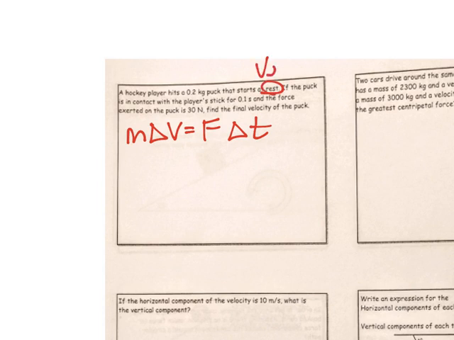Alright, this one, mostly the main thing you have to know is the formula. I keep writing it badly. It's m delta v equals F delta t, where your initial velocity is 0, and we want to know the final velocity.